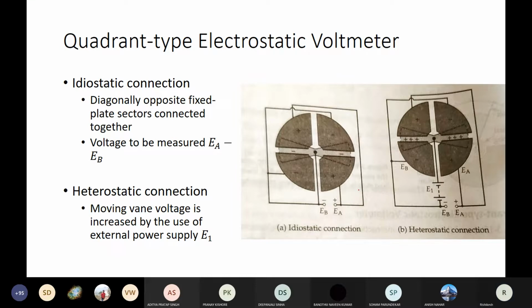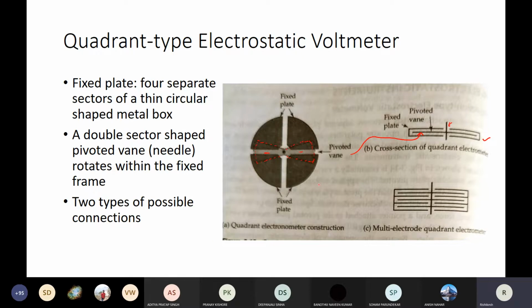There are two ways one can connect this voltmeter for voltage measurement. One is known as the idiostatic connection, the other as the heterostatic connection. In the idiostatic connection, since we are trying to measure the voltage, we supply the unknown voltage so that it develops a field between these plates, which generates a force of attraction and repulsion.